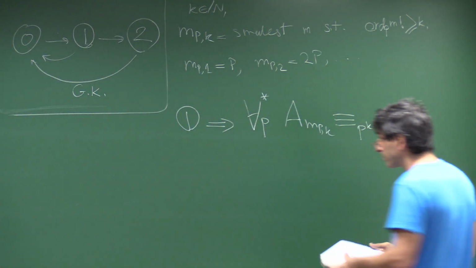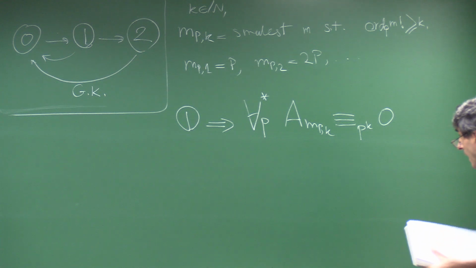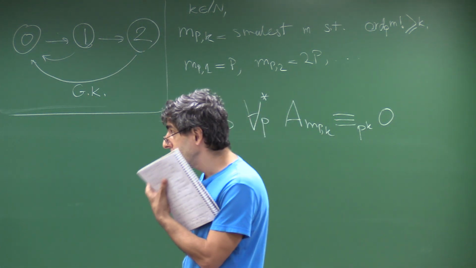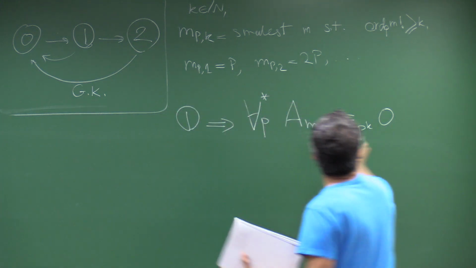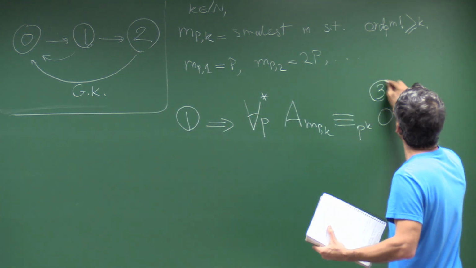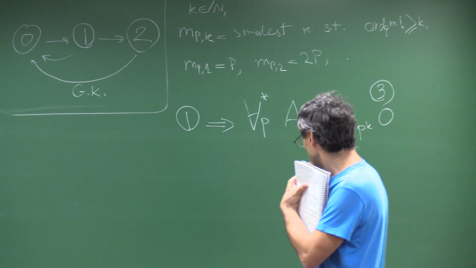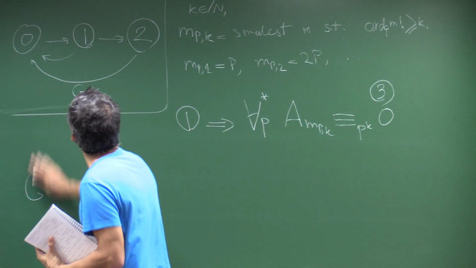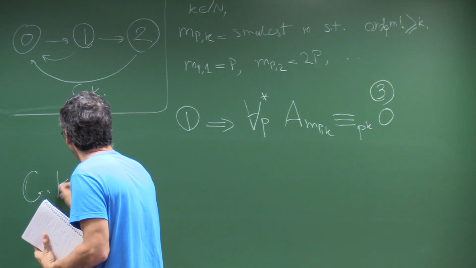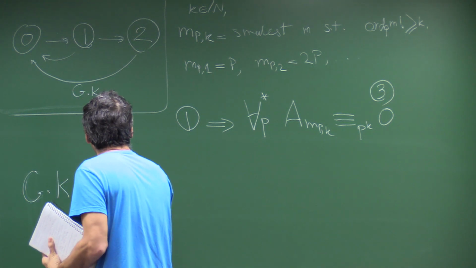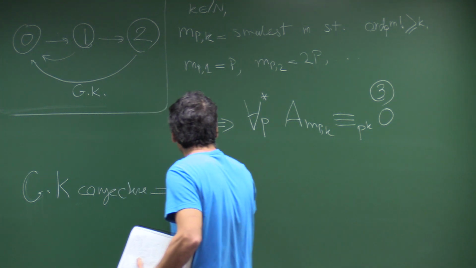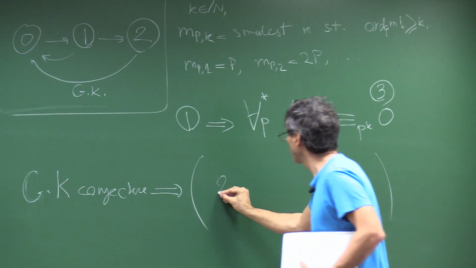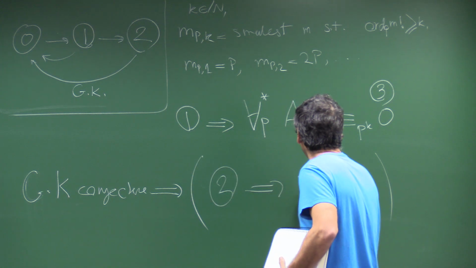And at the end of the day, let me call this one, for example, 3. So what I am saying is, at the end of the day, this Grothendieck-Katz conjecture implies that 2 implies 3.